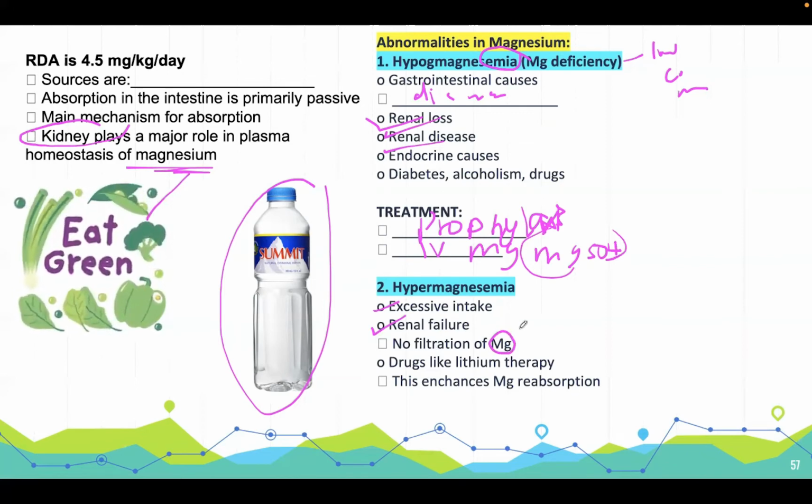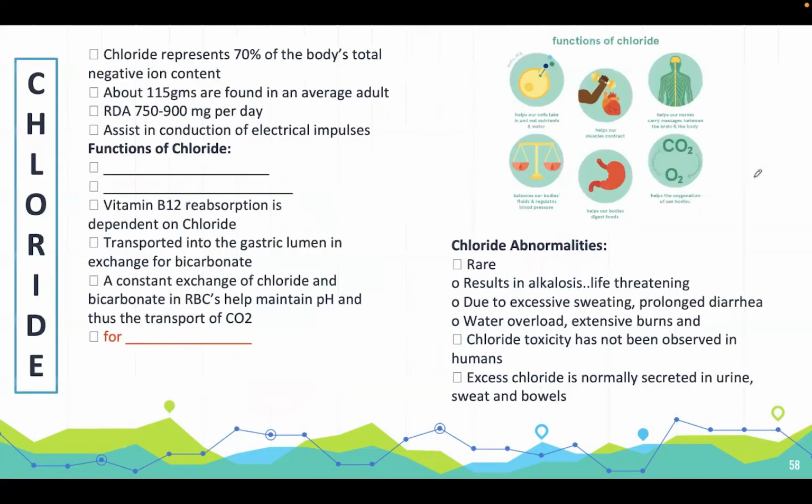So its level in our blood is high. It is detected. Okay? Also drugs like lithium therapy, patients that undergo lithium therapy, because this enhances your magnesium reabsorption. So these are our abnormalities in your magnesium.